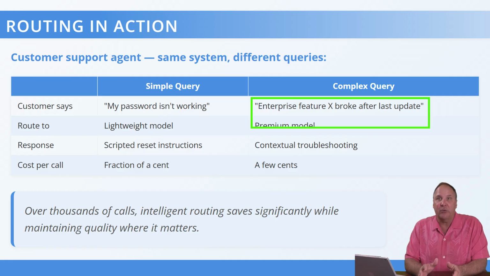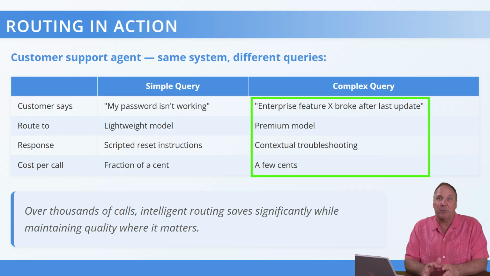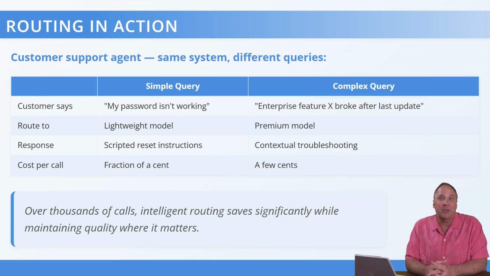So we're going to route that to a premium model that can explore the context, ask for clarifying questions, and provide detailed troubleshooting. This is going to cost a few cents per call. And that doesn't sound like much of a difference, but over thousands of calls, routing intelligently saves you real money while keeping the quality where it matters.